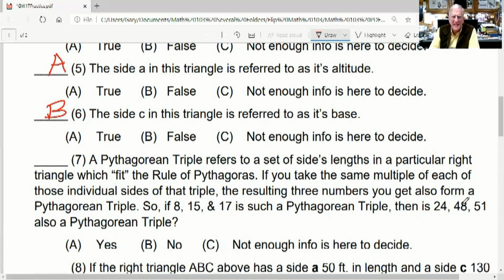But how about 48? Is 3 times 15 equal to 48? No, it's only equal to 45. So would this group of numbers most likely be a Pythagorean triple? Well, it appears not, right? So the answer to this would be no, which is choice B.